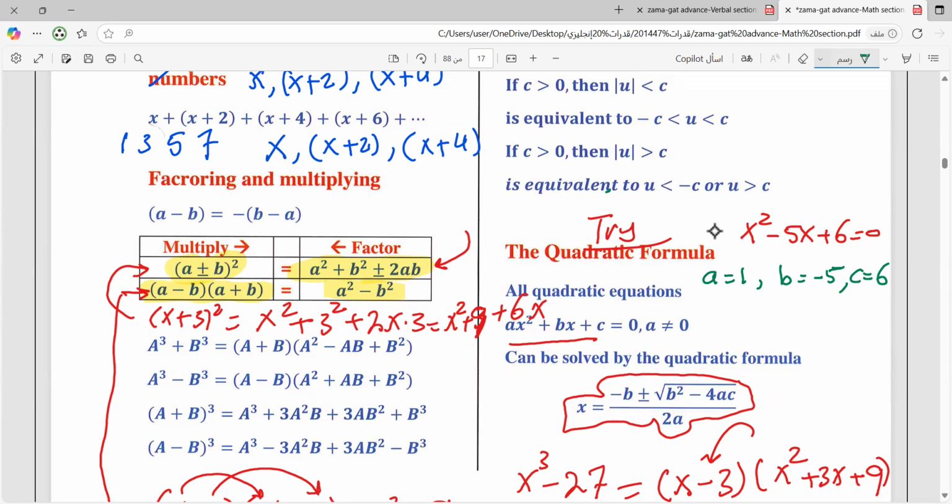Then you substitute here. B is here, and b squared, 4ac, right? Then divided by 2a. Clear? You substitute this, but in the exam no need, because this is for school only.